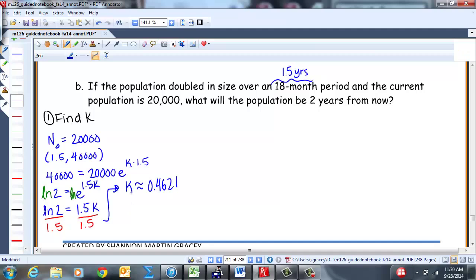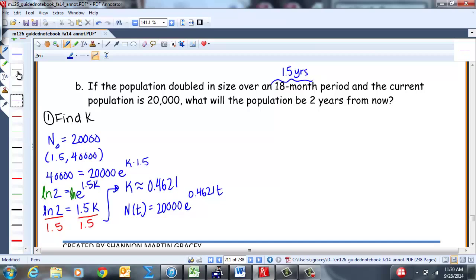That we can rewrite our model with more information. So our model was n at t equals 20,000 times e to the k, which is 0.4621, times t.